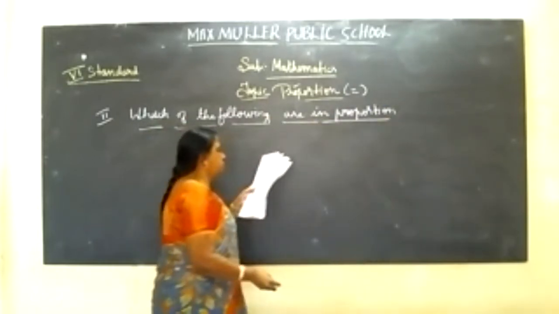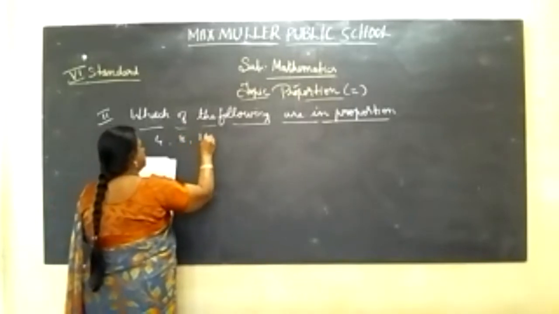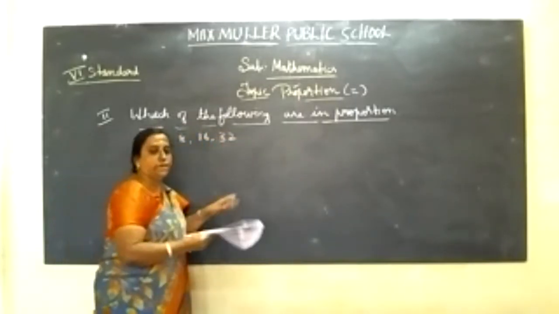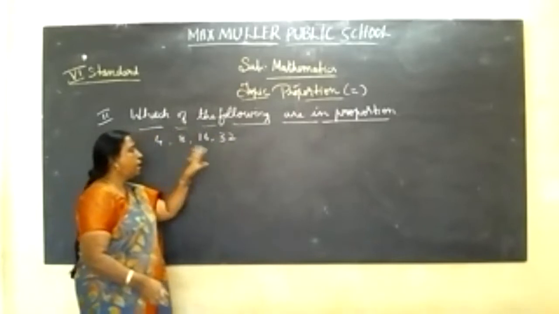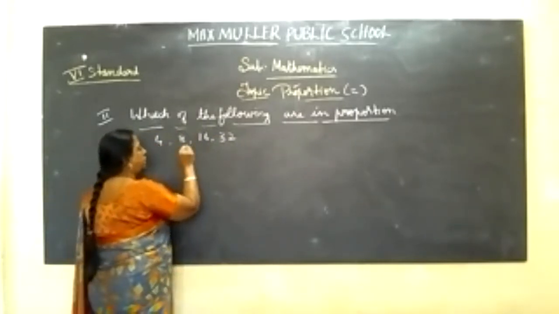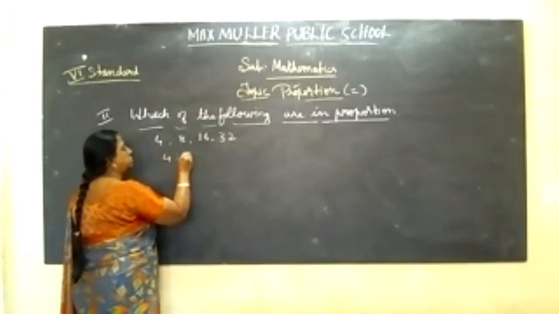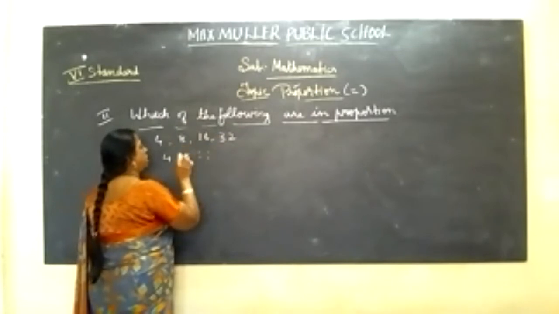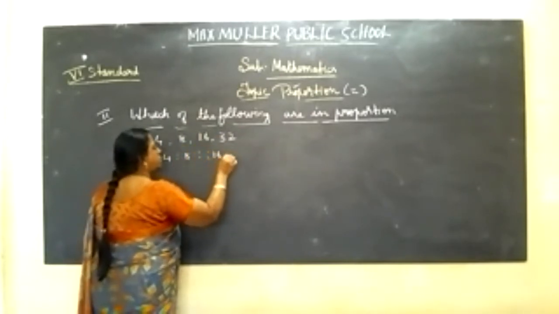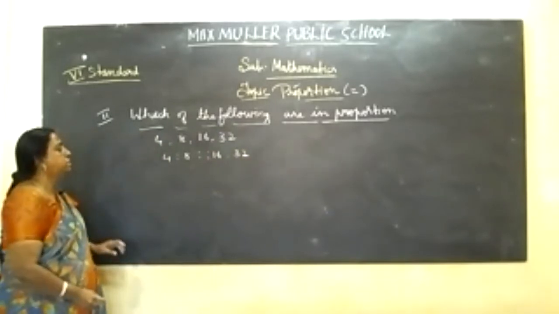So first question, they are given like this: 4, 8, 16, 32. They are not given in ratio form, just 4 terms. So this is the first term, second term, third term, fourth term. Now you should check whether they are in proportion or not.